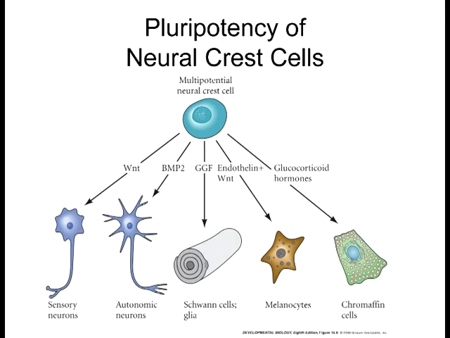Whereas if they migrate more ventrally or internally, they're typically going to become these other types of cells. So all of it comes down to paracrine signaling. As these neural crest cells are migrating through their respective areas, they're receiving the necessary paracrine signals to differentiate into sensory neurons or Schwann cells or adrenal cells or whatnot.